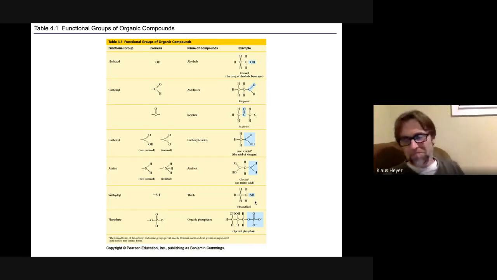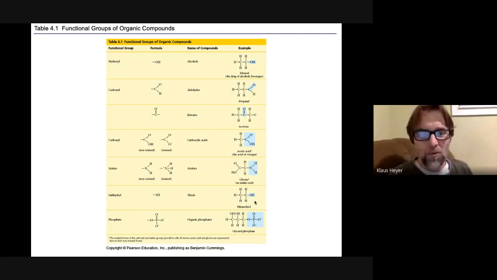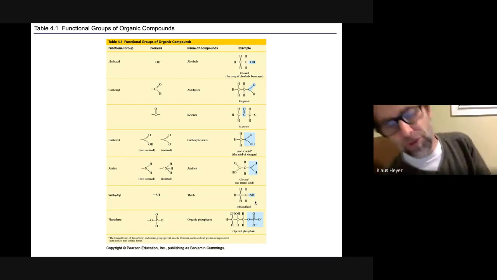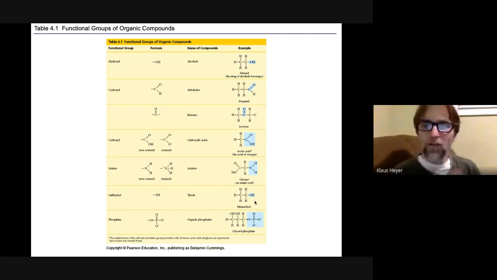You're going to see it when we talk about proteins. When we talk about proteins, it's important for proteins to have a certain shape. The shape of the protein means everything for the protein, and we'll talk about that. But for now, this sulfhydryl holds the shape of a protein.